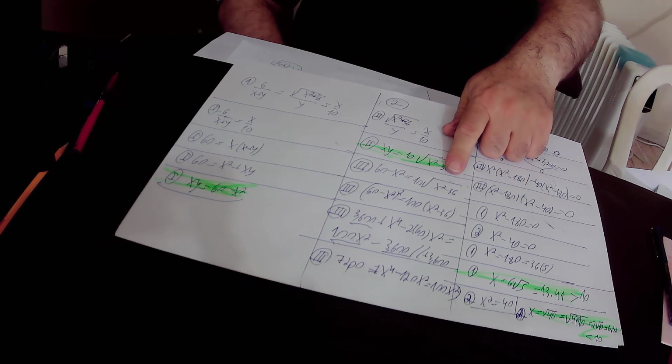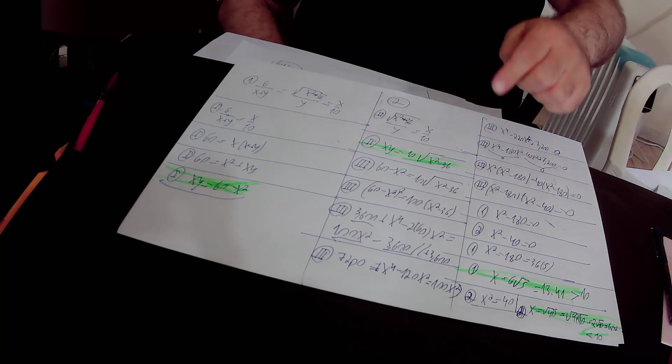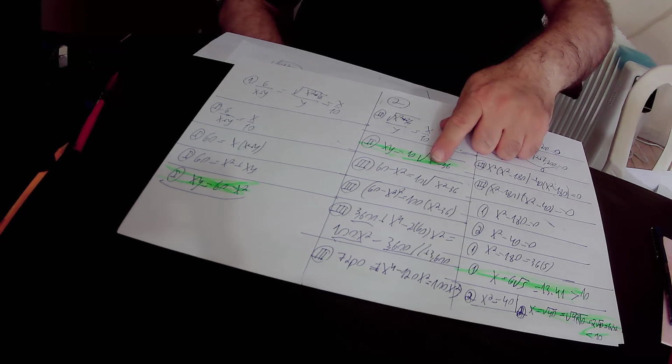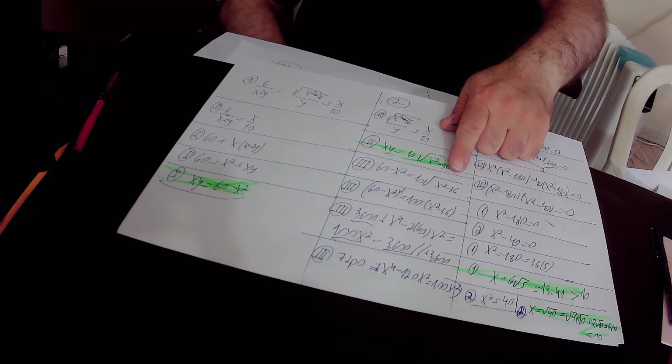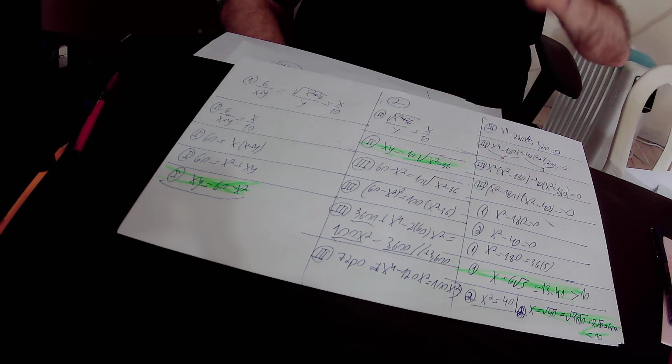Here we squared both sides of equation number 3, and we got that 60 minus x squared, squared, equals 10 squared, which is 100, and here the square cancels the root, and we are left only with x squared minus 36.